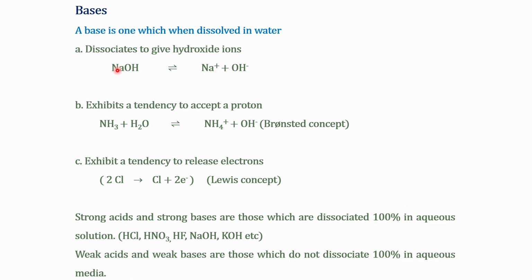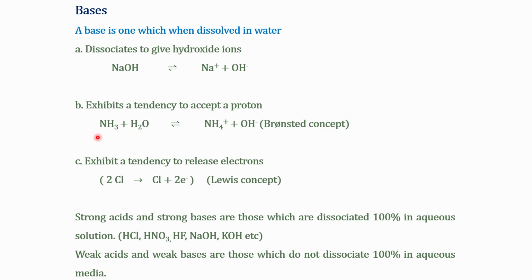Suppose it is KOH, then it will give K plus and OH minus. So, OH minus is very common in all bases, for normal day to day use. It exhibits a tendency to accept a proton, it need not dissociate. Okay. This is the Bronsted concept.